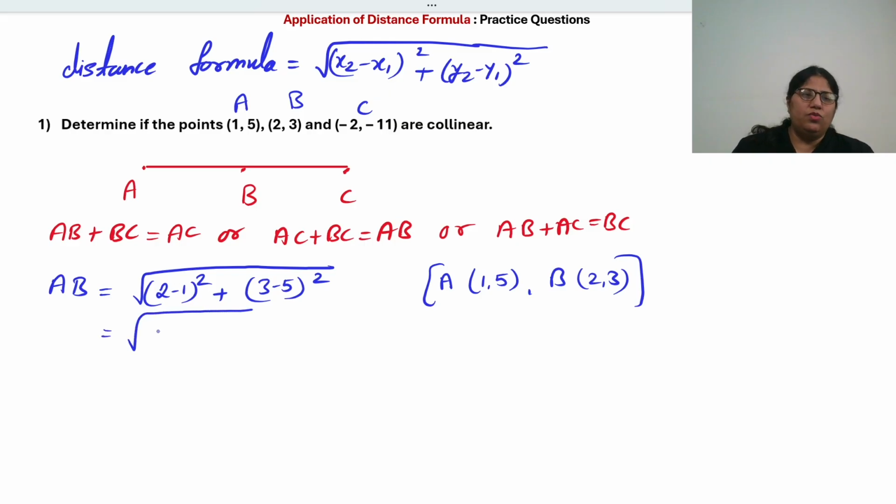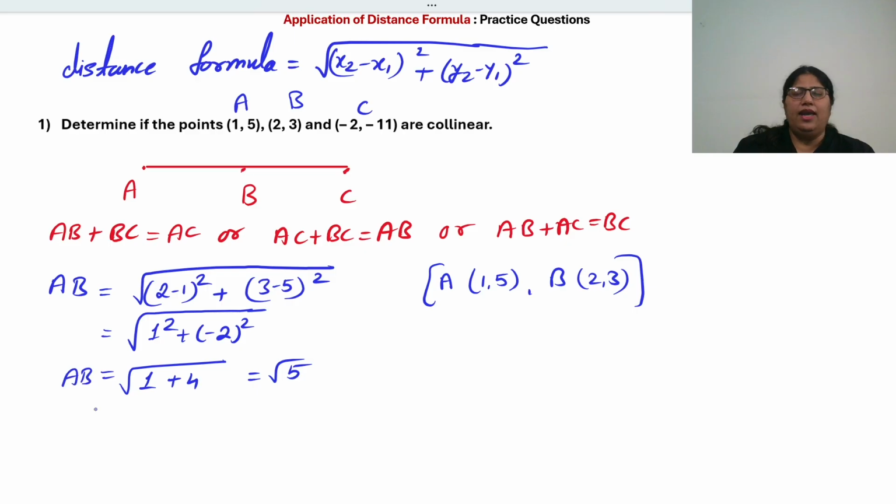What is 2 minus 1? It is 1 square plus (-2) whole square. Make sure you write the bracket here, because it is a negative value; the whole square will become positive. So this is 1 plus 4, which is root 5. So the length of AB is root 5 units. This is your first result.